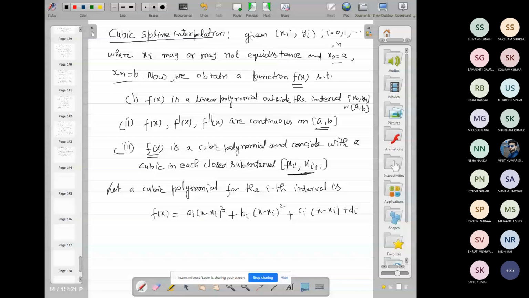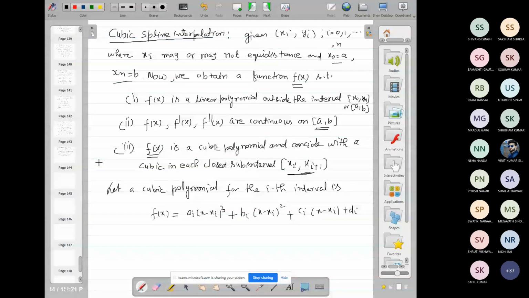Actually, we subdivide this interval into subintervals, which may be equidistant or not, depending upon the given problem. This formula is applicable for both equal and unequal values of x.